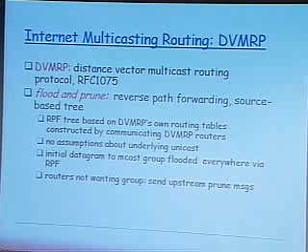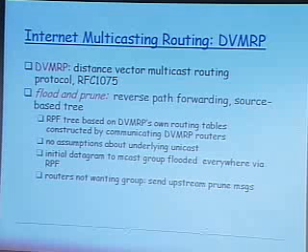So DVMRP will have its own distance vector tables between the multicast routers, and it's done the same way you do distance vector for unicast routers, only here the multicast routers are communicating with each other. So it's not using the underlying unicast routing protocol, but it has its own distance vector tables. So you just ignore what's happening in the underlying unicast.